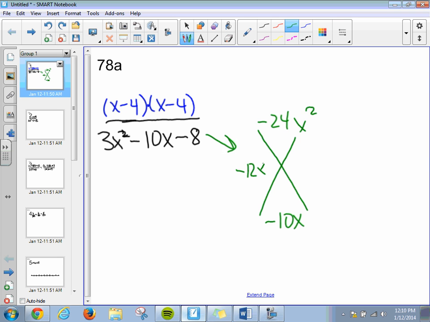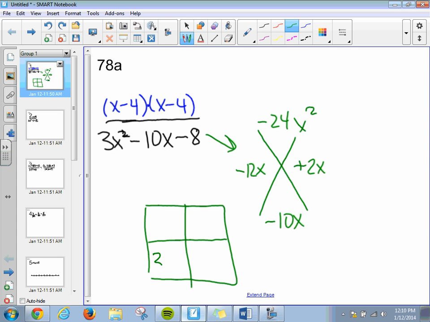Let's see, let's try negative 12x and positive 2x. Now we'll put it in our rectangle. We have a 3x squared and a negative 8. And we know we want to have a negative 12x and a positive 2x.